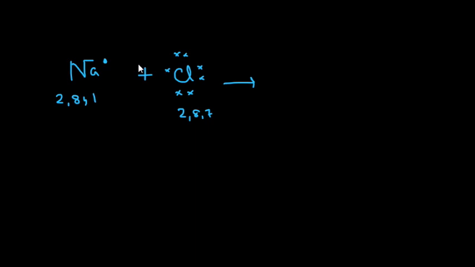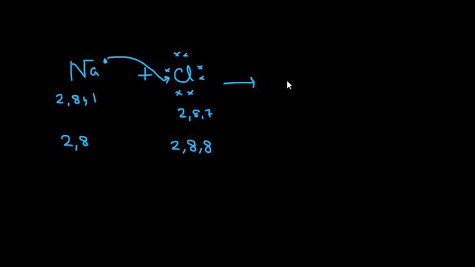Then what happens? Sodium gives one electron to chlorine, and it gets the stability of 2, 8, and chlorine gets 2, 8, 8.